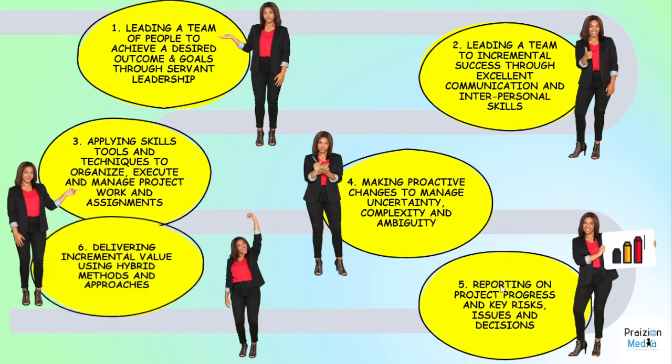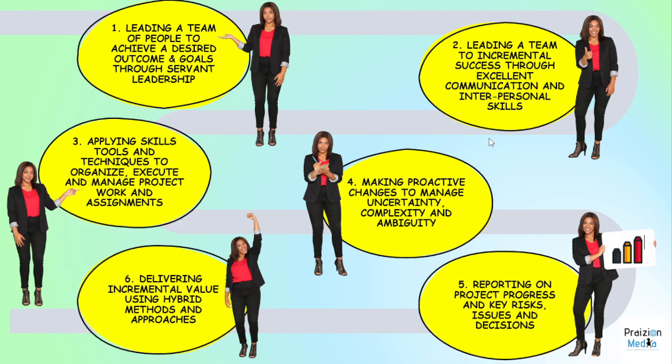Now, breaking down project management a little bit more, we can also say project management is the application of knowledge, skills, tools, and techniques to project activities to deliver a deliverable that results in value and benefits towards an expected outcome for the customer. Now, let's talk about how project management is broken down.